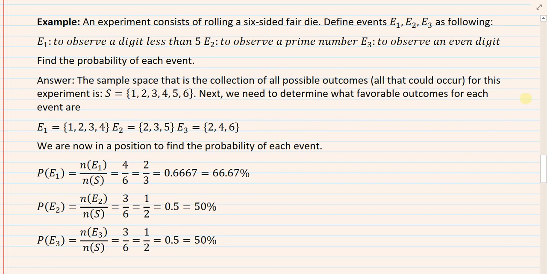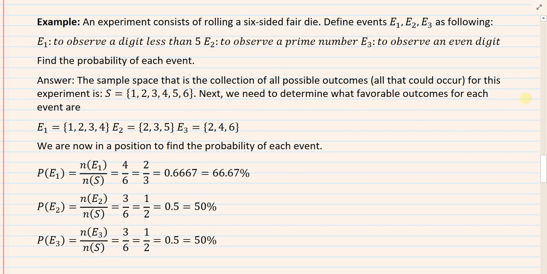Note each event has its own probabilities. So probability of E1: 4 possible outcomes out of 6. 4 favorable outcomes out of 6 possible outcomes. 2/3, 0.6667 rounded to 4 decimals, or as a percentage is 66.67%.